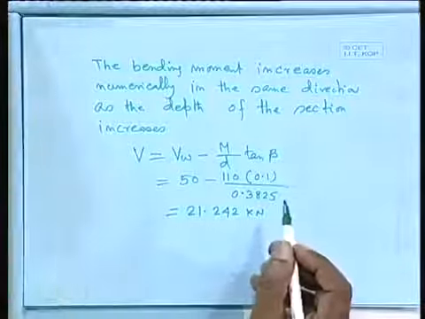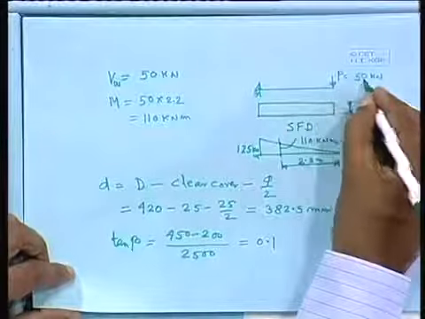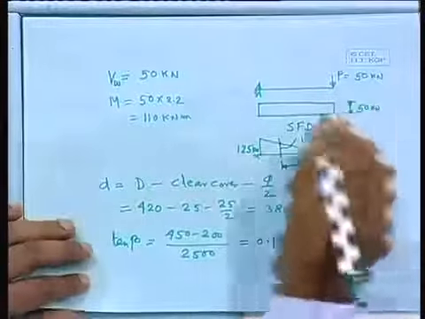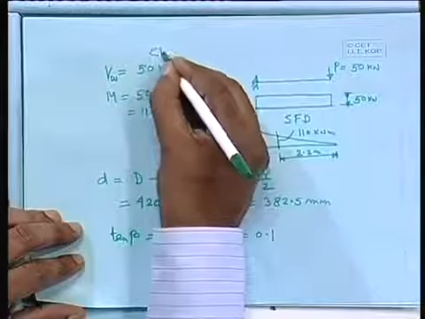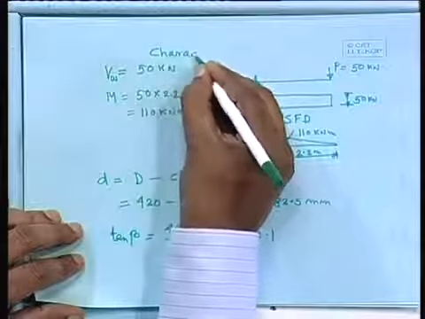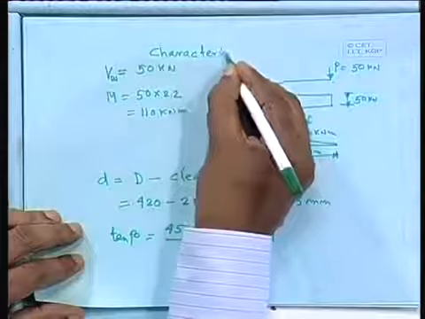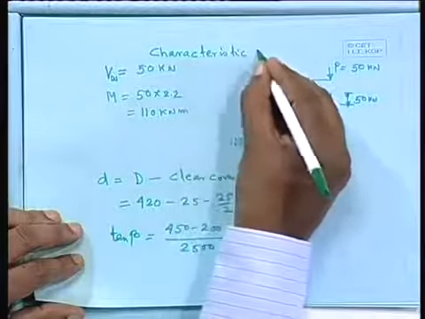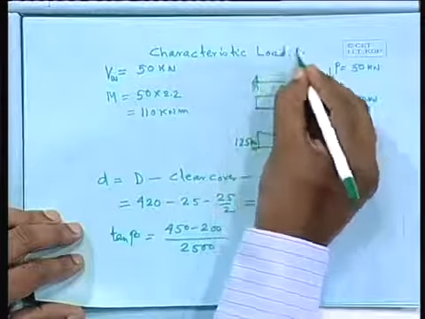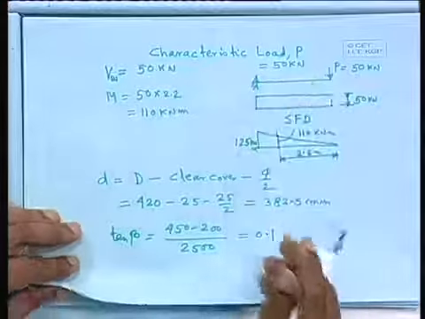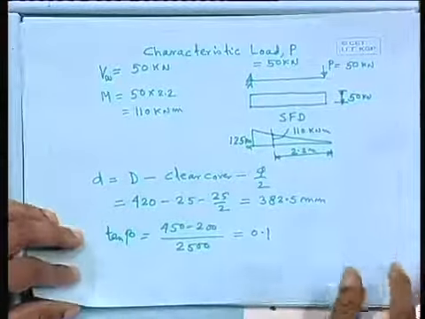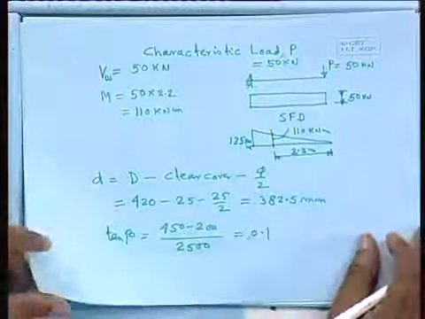In this case, we have applied the load P of 50 kilonewton, which we can say is the characteristic load. So in limit state, we have to consider that as a design load.